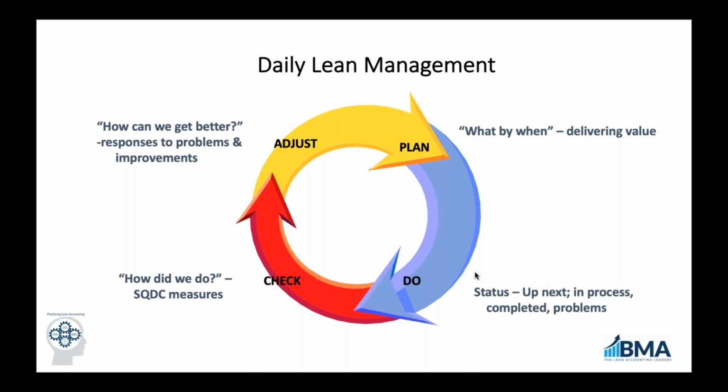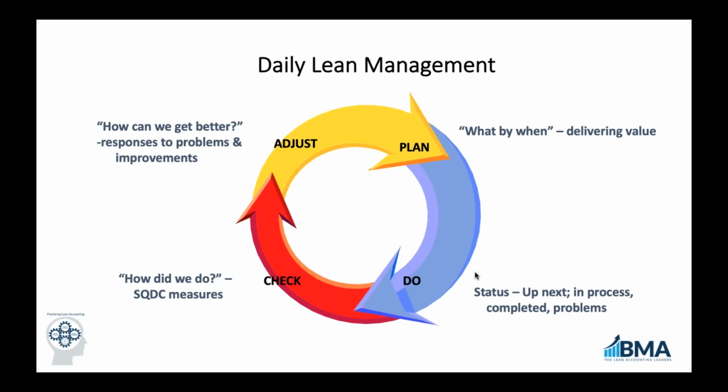Think about daily lean management as a lean accounting classroom. This is where the accounting team learns. They study, and they study the process. They learn, and you really discover where the problems and issues are in an accounting process.